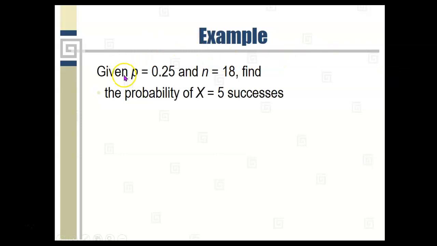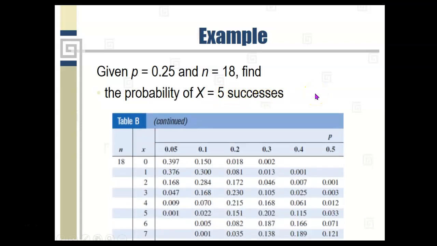So, example, and this is a multi-part example, all based on a situation where p is 0.25 and n is 18. So, first question, find the probability of x equals 5 successes. So if I turn to table B, look to where n is 18 and find where p is 0.25, I don't see that on the table.